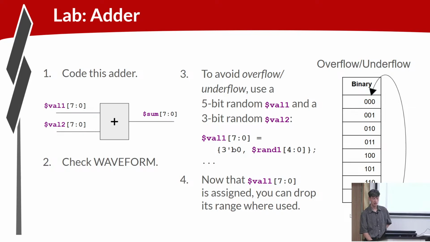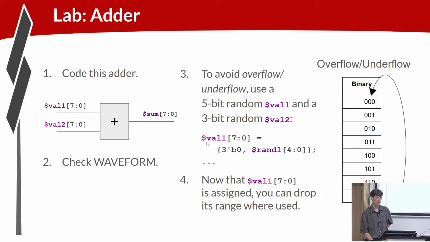That's going to wrap back around, so 111 plus 1 is 0. Can be kind of confusing. So this is just to limit the range of our input values so that we're not overflowing.